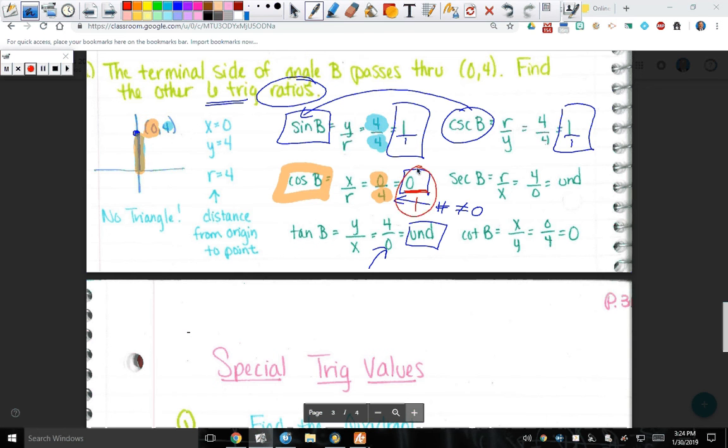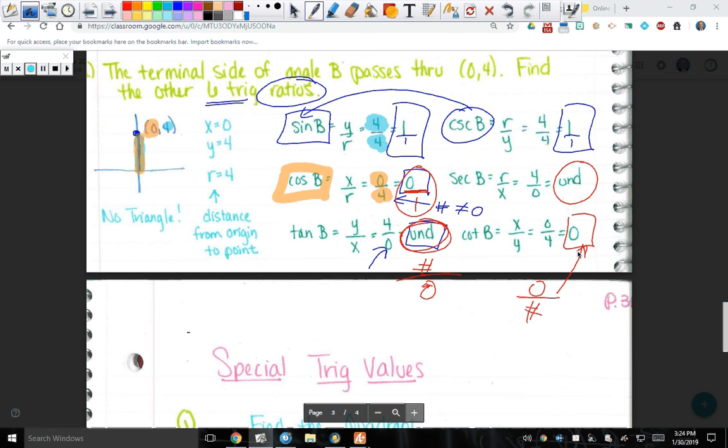Now if I flip 0 over 1, I get 1 over 0, you get undefined. How about if you flip undefined? You get 0, because undefined is a number divided by 0. So if I flip it, I'm going to get 0 over some number. That would give me that.